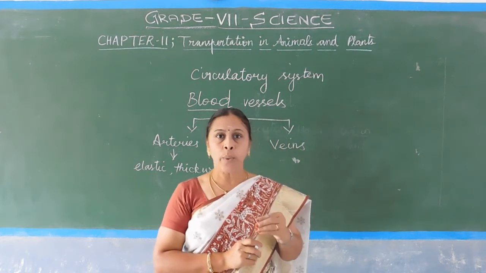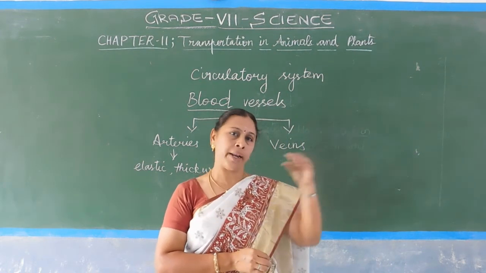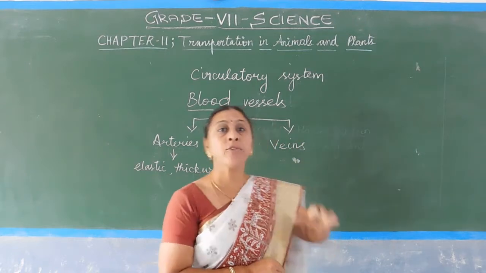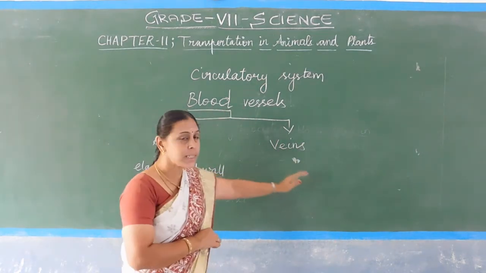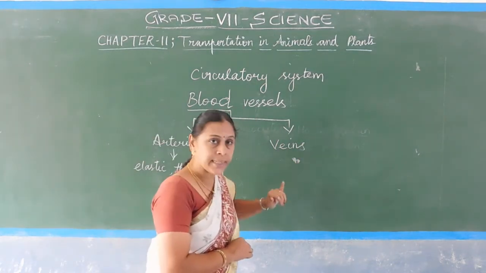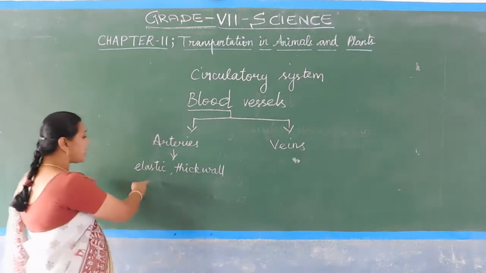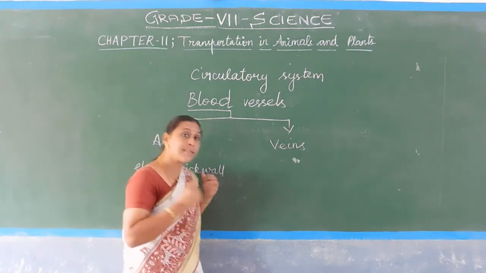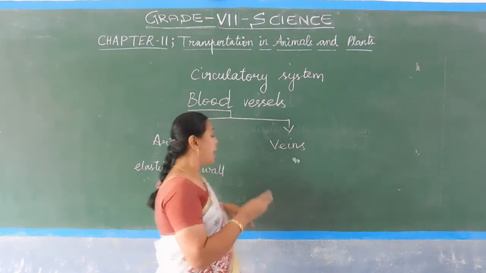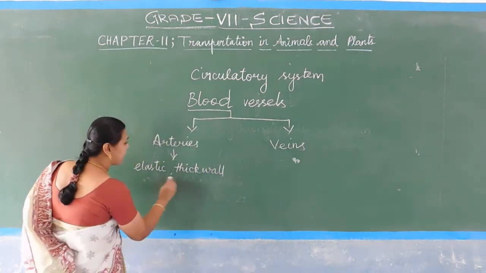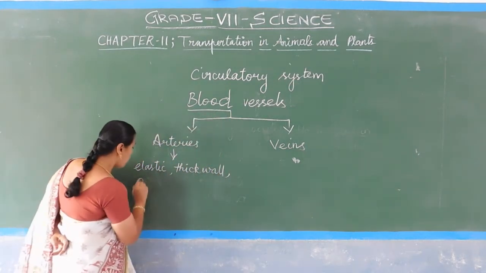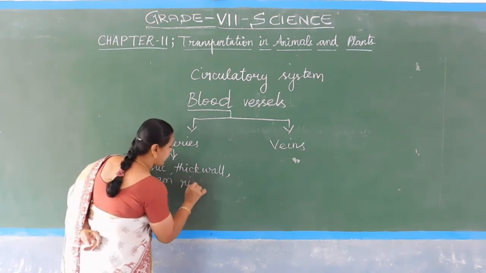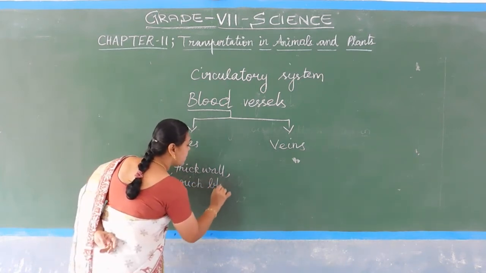As it is a liquid, the blood has to flow in a tube-like structure, and it is carried throughout the body through these two blood vessels, arteries and veins. In that, artery is elastic in nature and it has thick walls, and always it carries oxygen-rich blood.